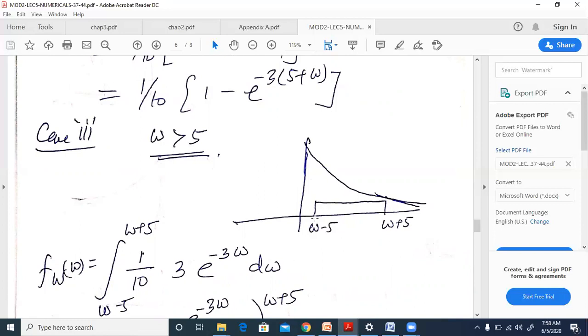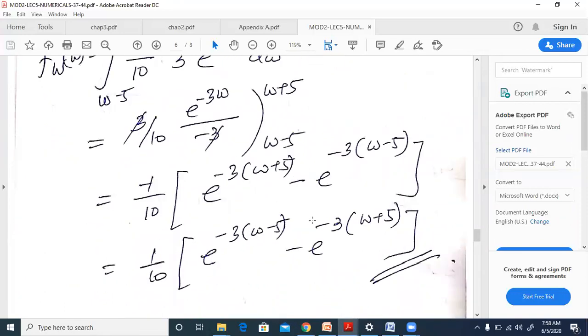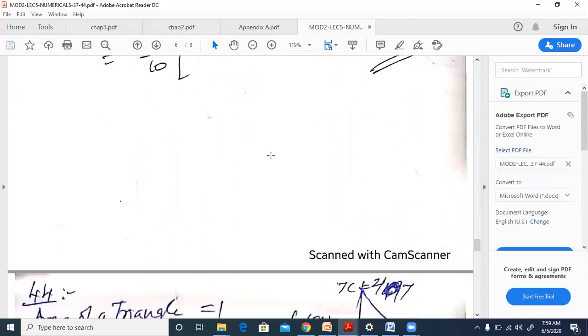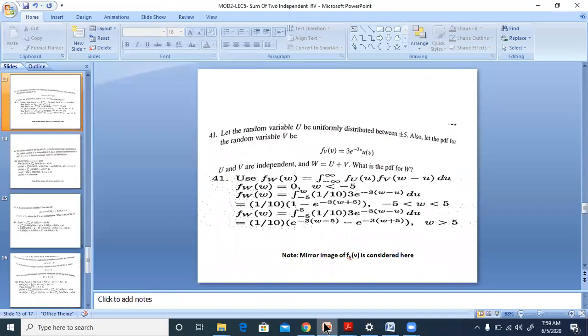That will be the hashed portion over there, full overlap, w minus 5 to w plus 5, 1 by 10, 3 e to the power of minus 3w dw. So only the limits are changing, the inside value is not changing. We'll get the inside value as it is, only the limits are different. Hence, we'll get the equation which is at the end like this. So this gives us the solution for that problem.